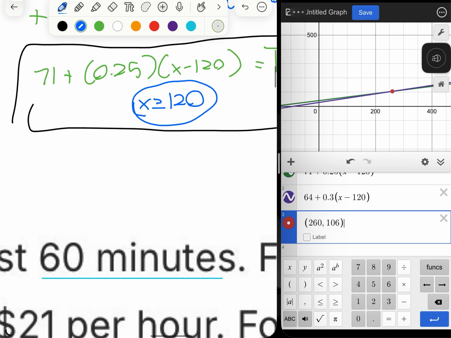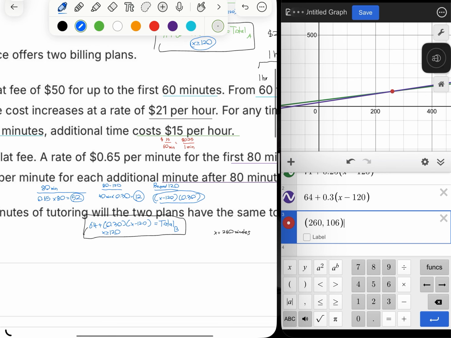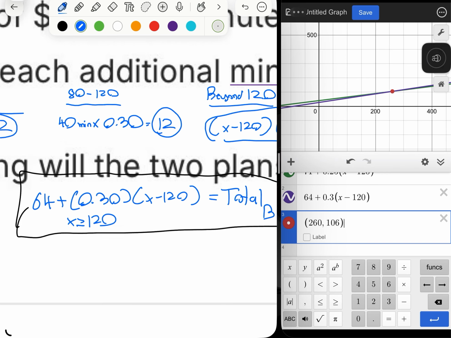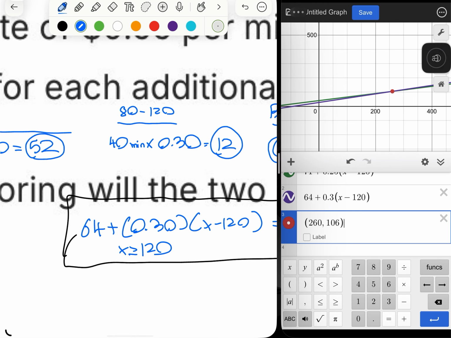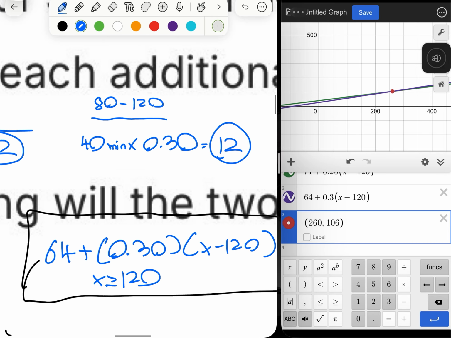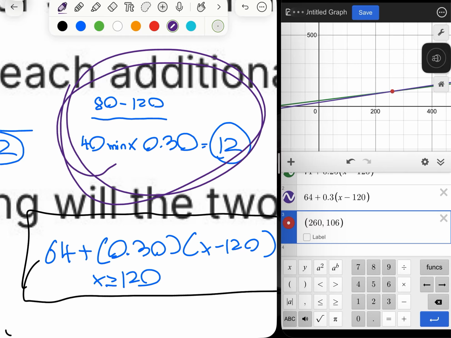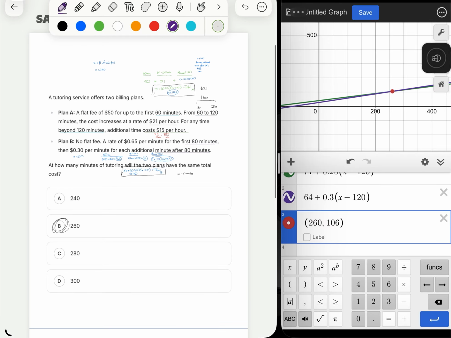So we're keeping x beyond 120 here, and we also have to do beyond 120 here. Make sure that you don't miss any intervals. Here I calculated 80 to 120 because we still have to represent the total cost. And for x beyond 120, you still need to include the intervals before 120 minutes.